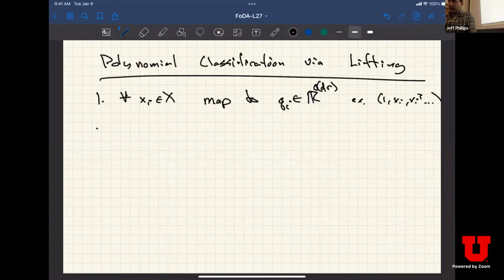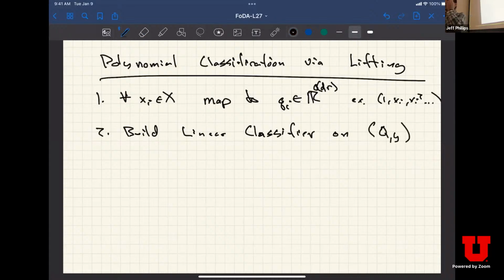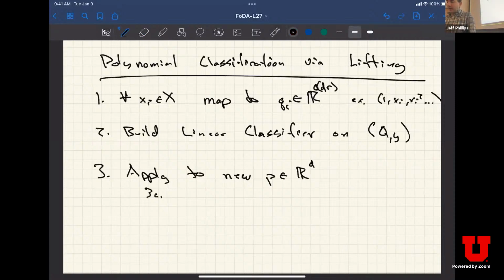This is qi. Then I build a linear classifier on now the qi. So the q now lives in this higher dimensional space, but I can build a linear classifier here. Then to apply to a new p in R^d, I first need step 3a, a function g from R^O(d times r) to the reals.